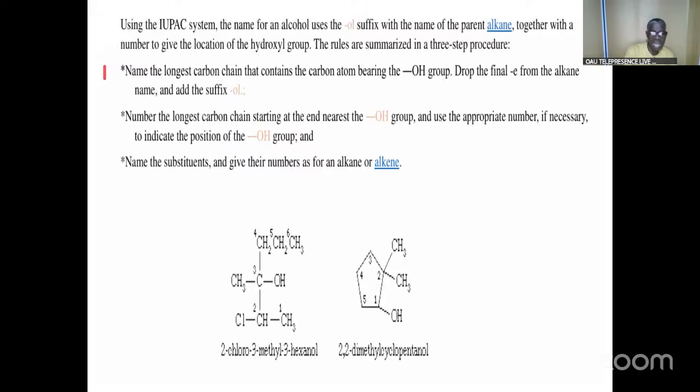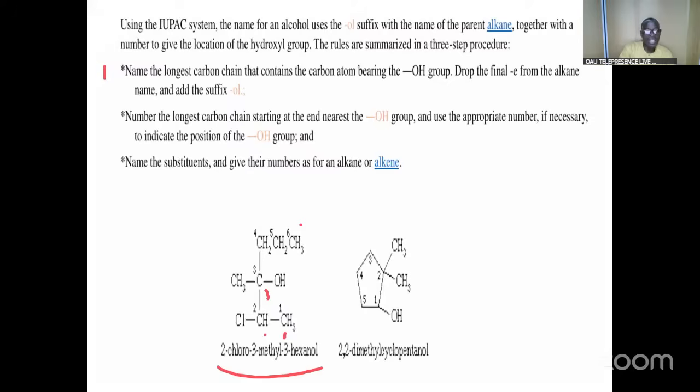For example, let's look at this example here. You can see this is carbon 1, carbon 2, carbon 3, carbon 4, 5, 6, even though there is a methyl substituent on carbon 3 and a chloro substituent on carbon 2. 6 carbons means the parent alkane will be hexane.